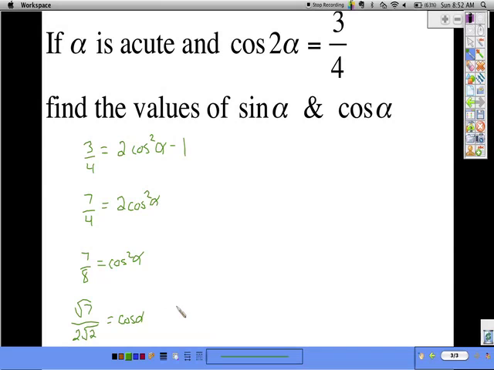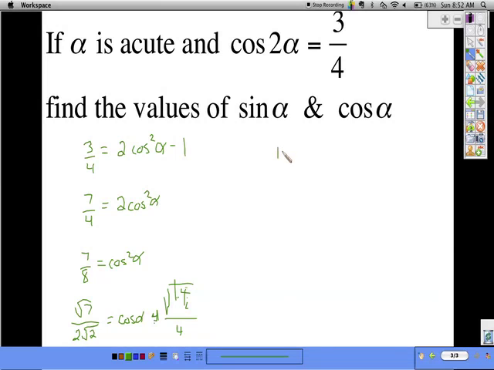I've noticed that IB isn't too picky with that, but we could write this as the square root of 14 over 4.